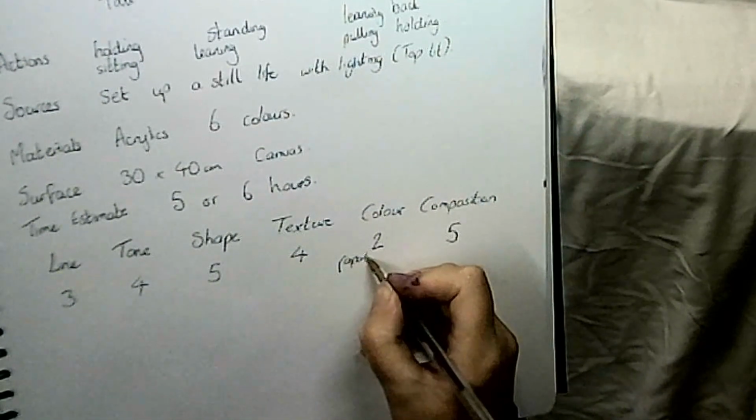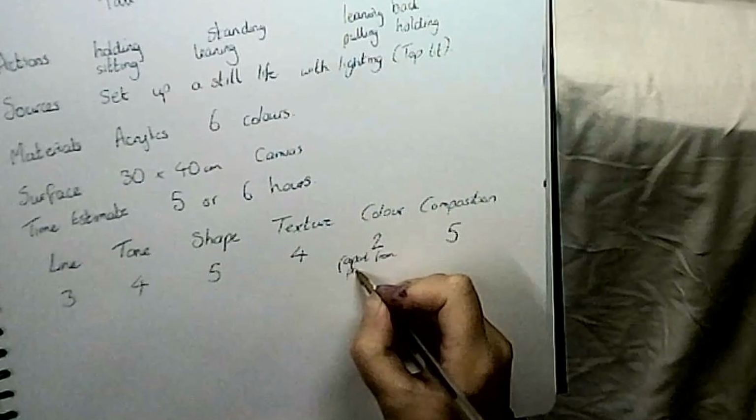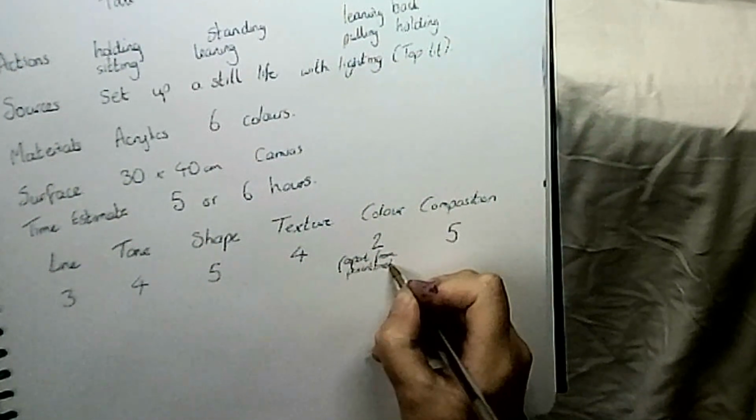So in colour, I'm just going to put apart from paintbrushes, because I might actually use the fact that there's those three primary colours on those brushes to pick out a little bit more emphasis in the painting. Right, I think I'm ready to have a go at this. Get some paints out, got my canvas, all set up. I'll make a start on the painting. You can watch along and I'll see you in a bit.